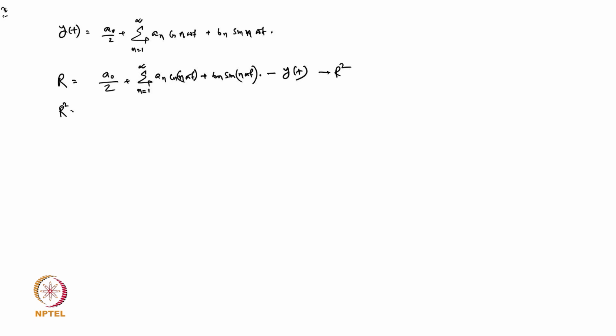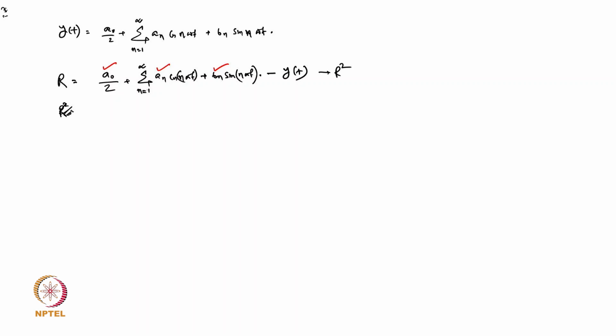Now if you see, what are my unknowns? The unknowns are a0, an, bn. An, bn are not just two terms. These are series terms, like a1, b1, a2, b2, a3, b3, a4, b4, like this. So I have to do the integration in a series manner.